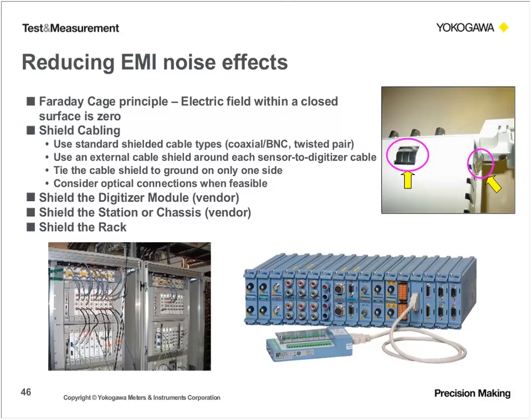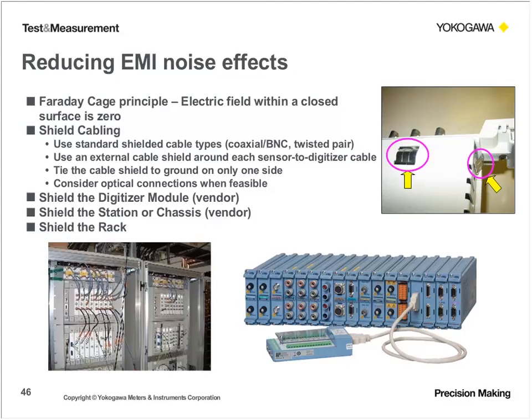In order to reduce this, there are two ways. The first way that most people commonly refer to is shielding your equipment. This is shielding not only the instrument chassis, but if you've got a rack or test system, you'll want to think about installing metal shielding across the entire system. This will help to maybe eliminate, but certainly reduce, the effects of EMI noise.